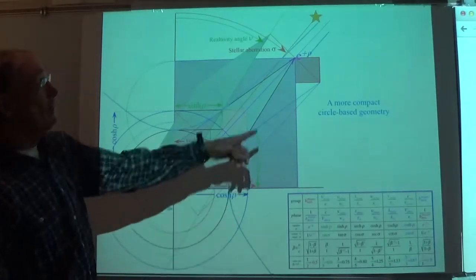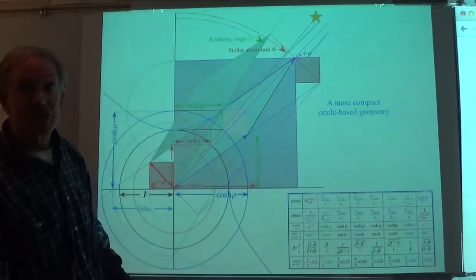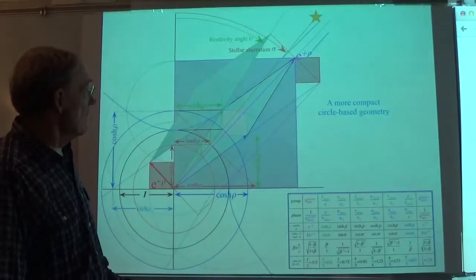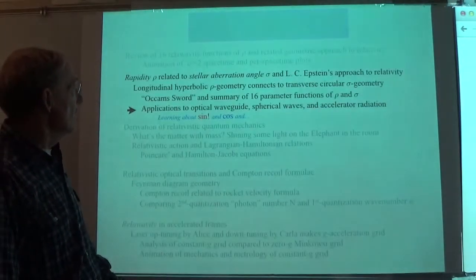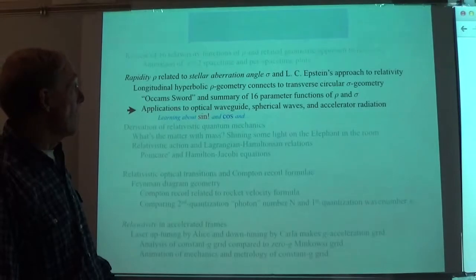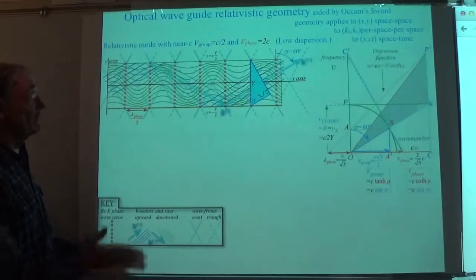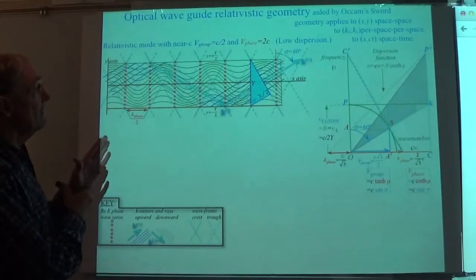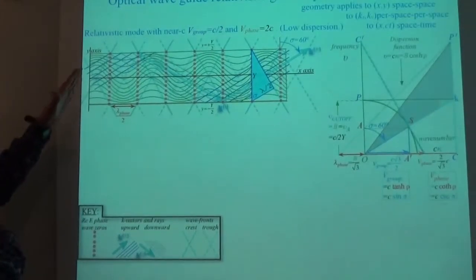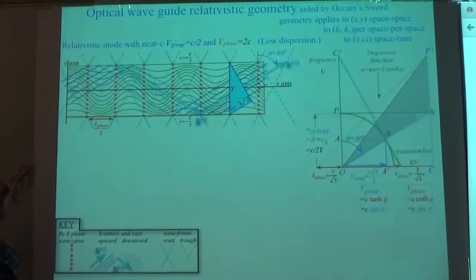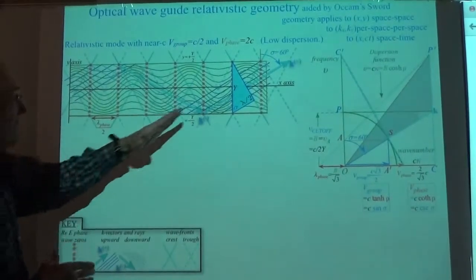Anyway, this is a more compact circle-based geometry, which will also get programmed. It has certain things, but I just wanted to point out here's where it would work with a waveguide. Now, this is a waveguide where I've really got a steep stellar aberration angle. Stellar aberration angle is the angle that you come at.